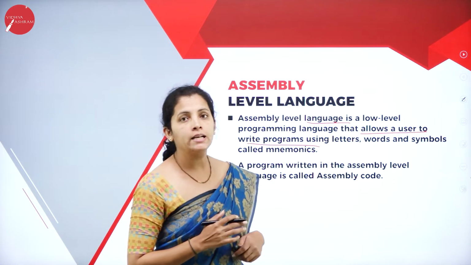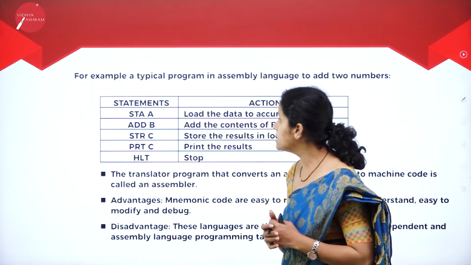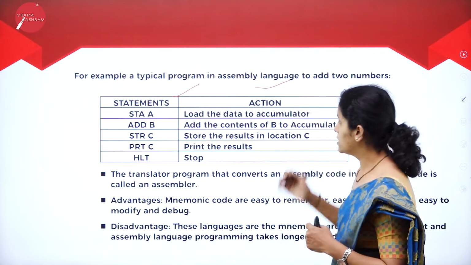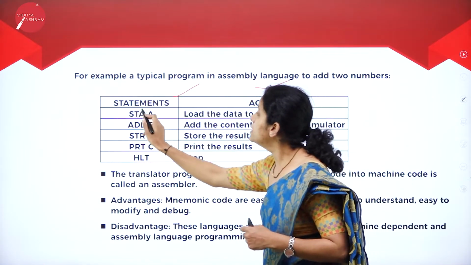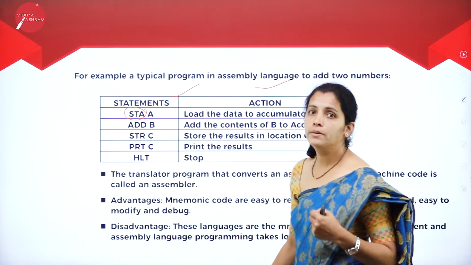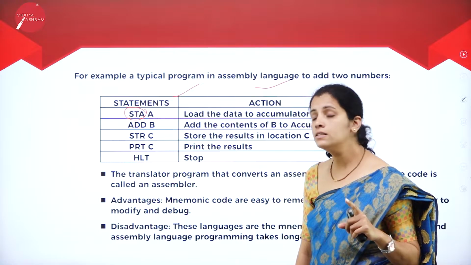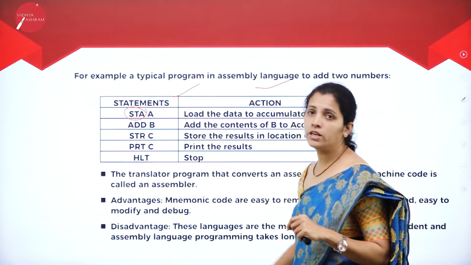Dear student, let me consider this simple example. This is the statement and this is the action. This one is an example of mnemonics. So what are mnemonics here? Symbols and words are called mnemonics here.